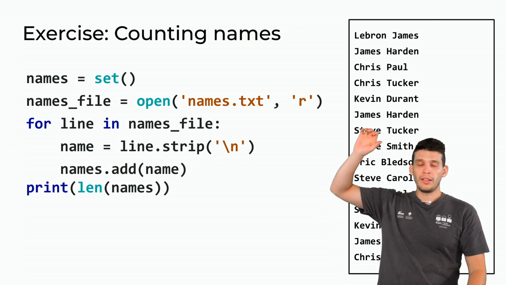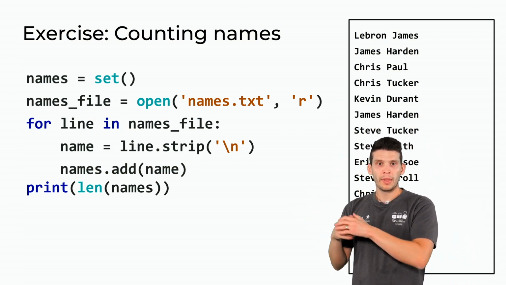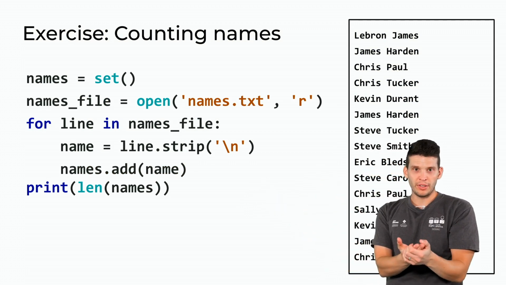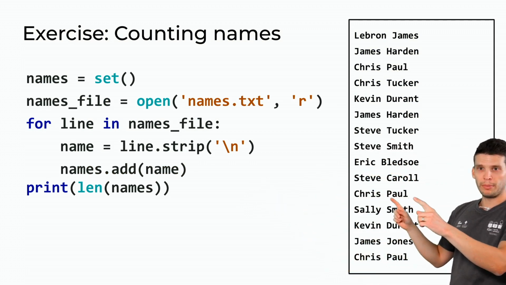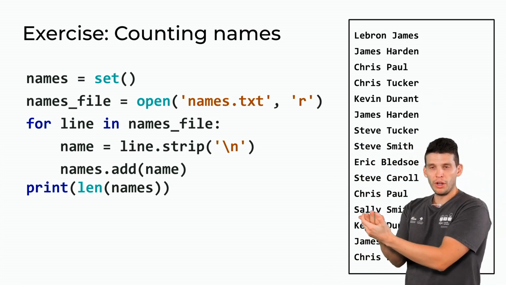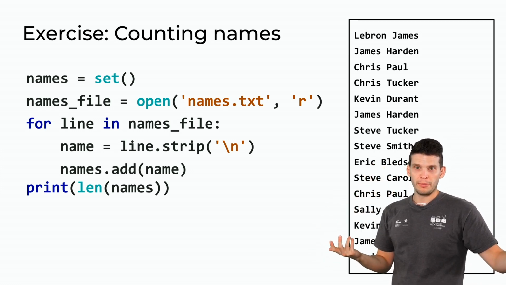What we can do is create our empty set, open the file, read through the lines and so on. If we just take every name and say add to the set, even if a name shows up a bunch, right? If Chris Paul shows up multiple times, it will only allow one of those Chris Paul strings to stay in the set because duplicates aren't allowed.